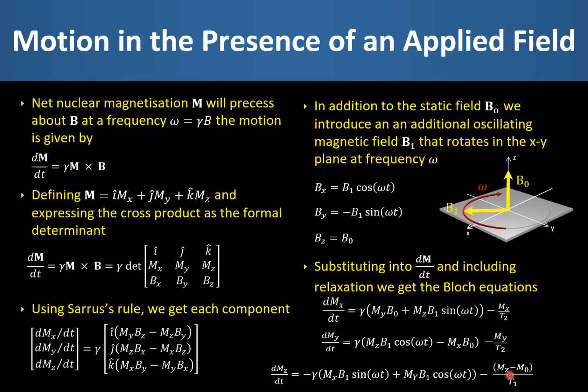If we include the terms for relaxation, then these three equations are generally referred to as the Bloch equations in the laboratory or fixed frame of reference. Note that the change in the Z component of the magnetization is unaffected by the Z component of the static field. This means that BZ has no effect on T1 relaxation. Similarly, we can see that all three components of the static field affect the transverse or T2 relaxation.